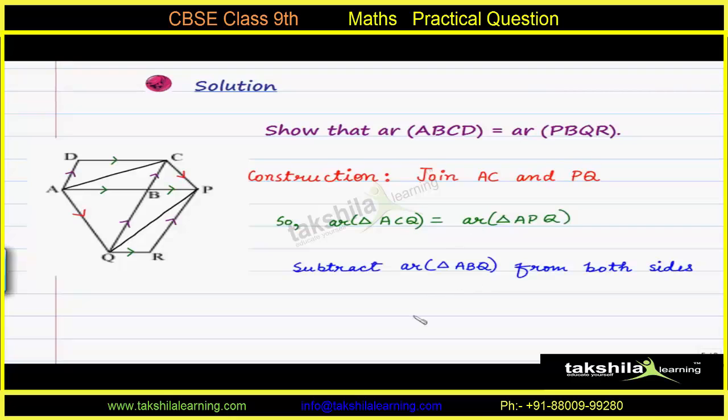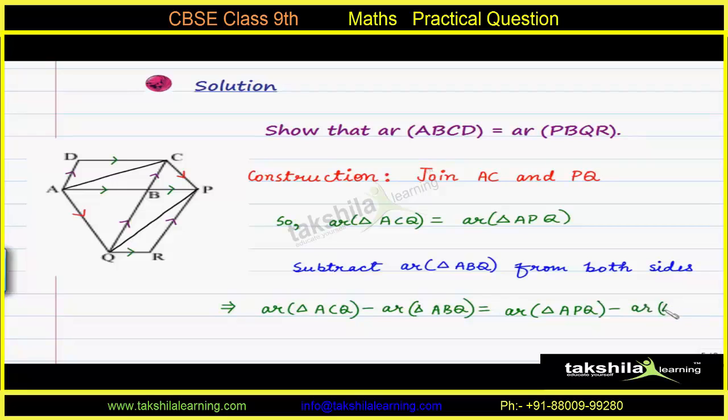Now from both sides, if we subtract area triangle ABQ, this implies area triangle ACQ minus area triangle ABQ is equal to area triangle APQ minus area triangle ABQ. So we have subtracted area triangle ABQ from both sides.